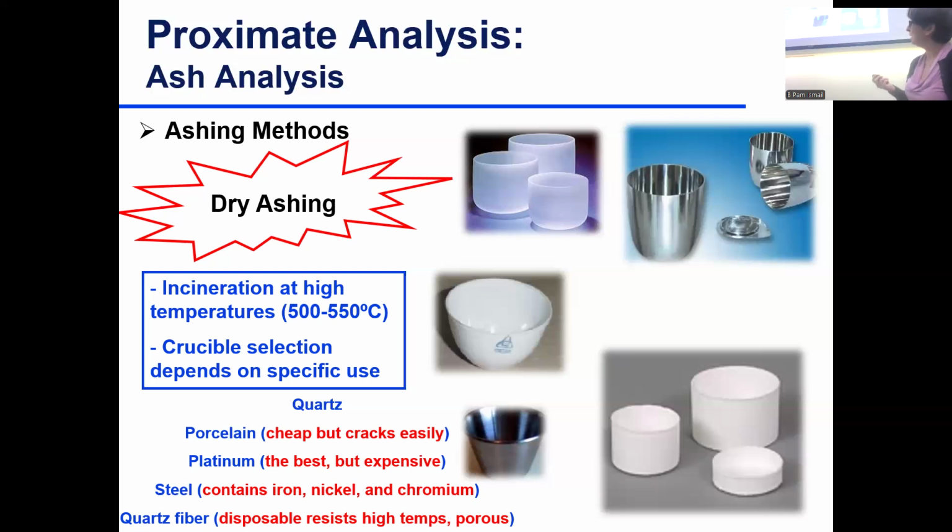Platinum is the best in terms of heat durability, acid, alkaline, but it's very expensive, not used when you have a lot of samples to process. Steel is not as much preferred, especially since it contains iron, nickel, chromium, causing contamination of these minerals.